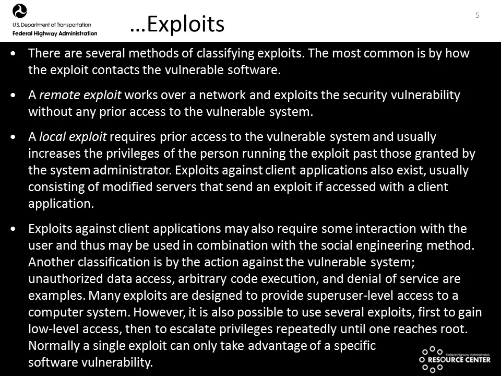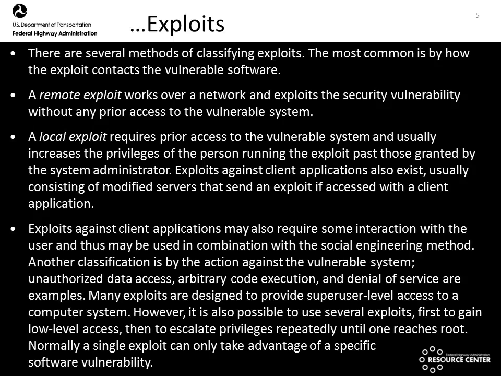There are several methods of classifying exploits. The most common is by how the exploit contacts the vulnerable software. A remote exploit works over a network and exploits the security vulnerability without any prior access to the vulnerable system.